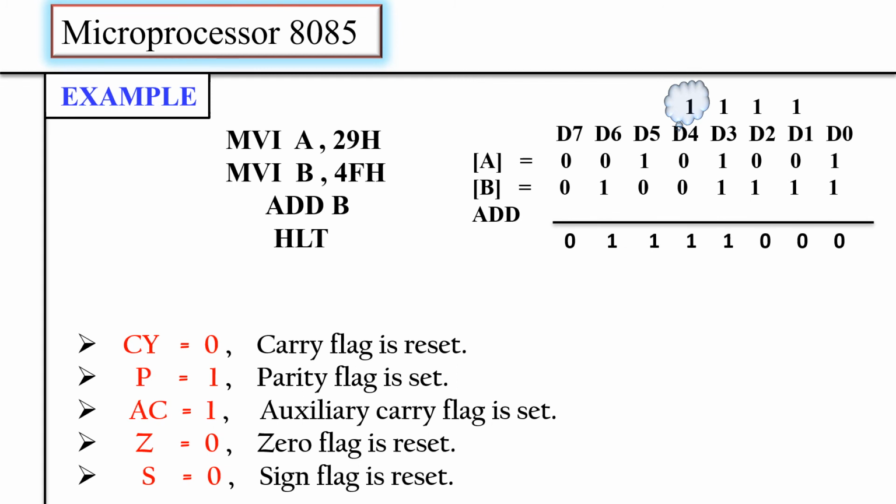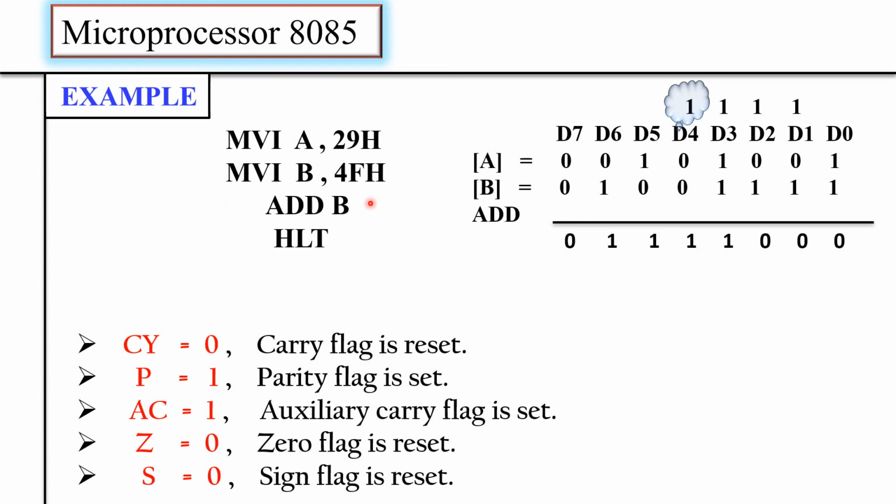Now let us see with the help of an example program which flags are set and which flags are reset. So in this particular program, let us see which flags will be set and reset. MVI A, 29: the data 29 is moved into the accumulator.